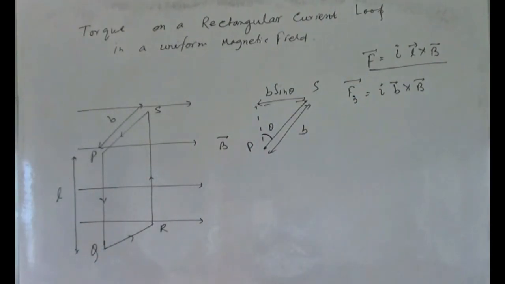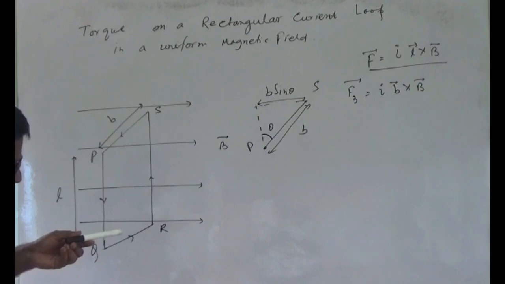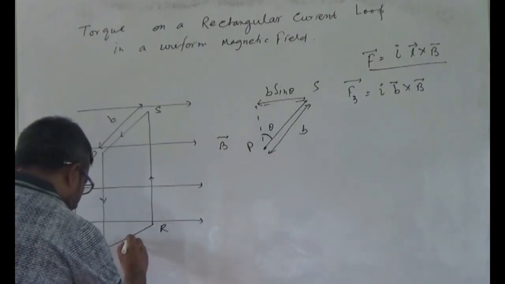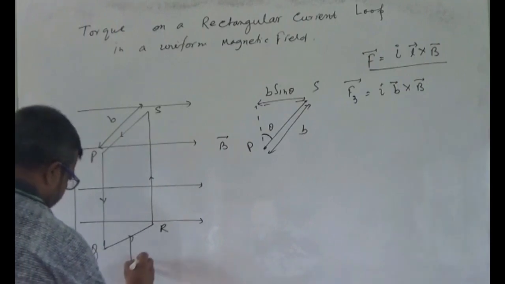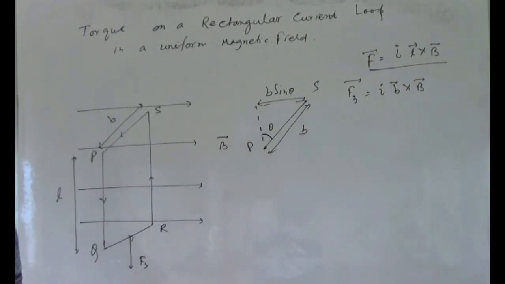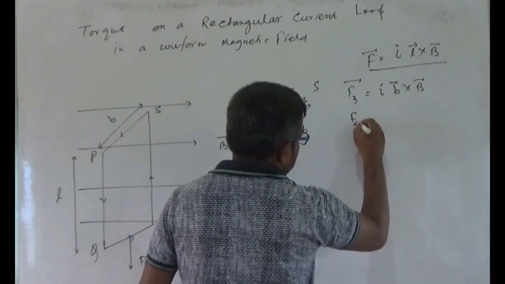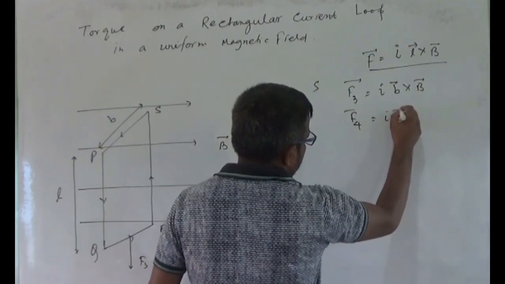See here, this is the direction of B, capital B is the magnetic field, and this is the direction of small b. Now b cross B, from the lower side you rotate anti-clockwise, then the force will be acting downward. That means the force on this arm will be along this direction. Clear? Again, the force on arm PS, let us say that force is F4. This is also I b cross B.